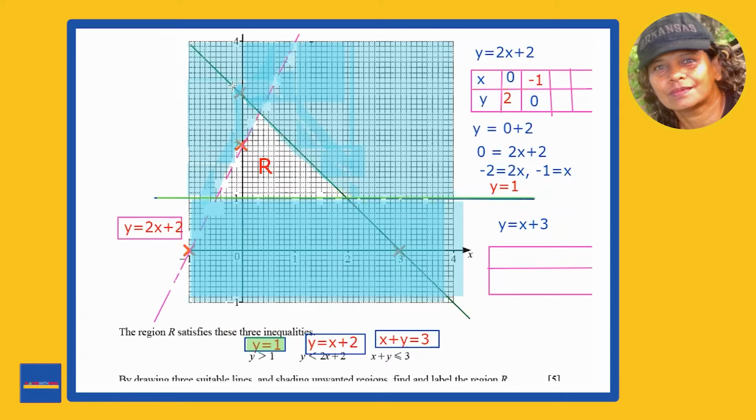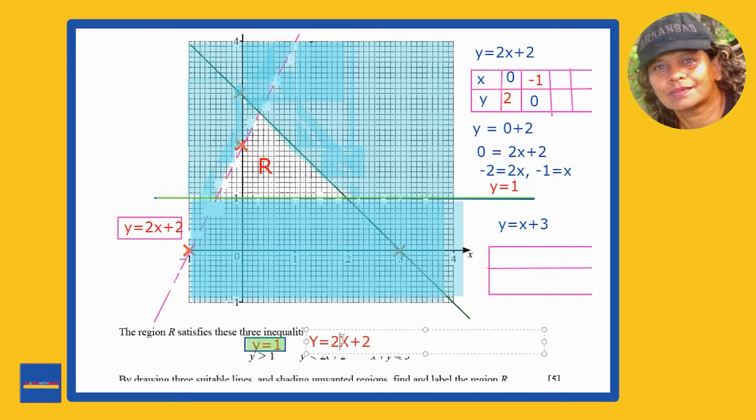Then we draw y equals 2x plus 2. Sorry, I first said x plus 2, but this should be y equals 2x plus 2. It is a straight line which cuts the y-axis at 2.